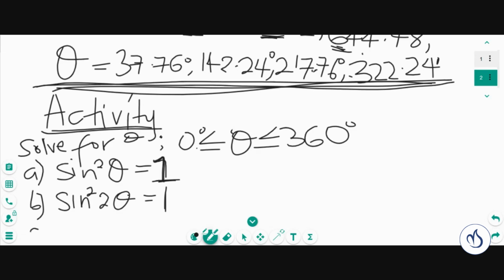And finally, part C, I love giving 3 questions: sec of 2 theta being equal to 3.